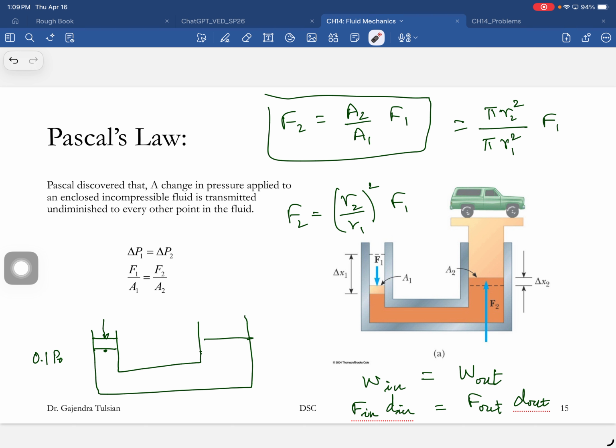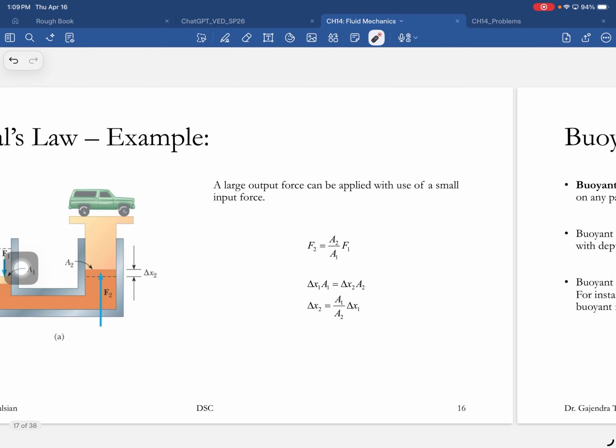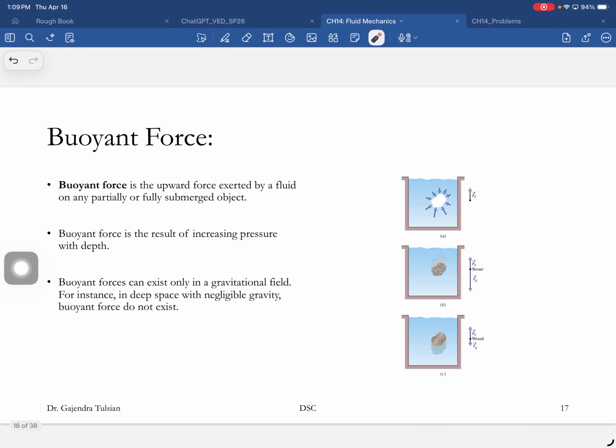That's Pascal's principle. All right, so again, if the output force is 100 times the input force, the output distance is one hundredth of the input distance. Okay. So the output work is the same as the input work.